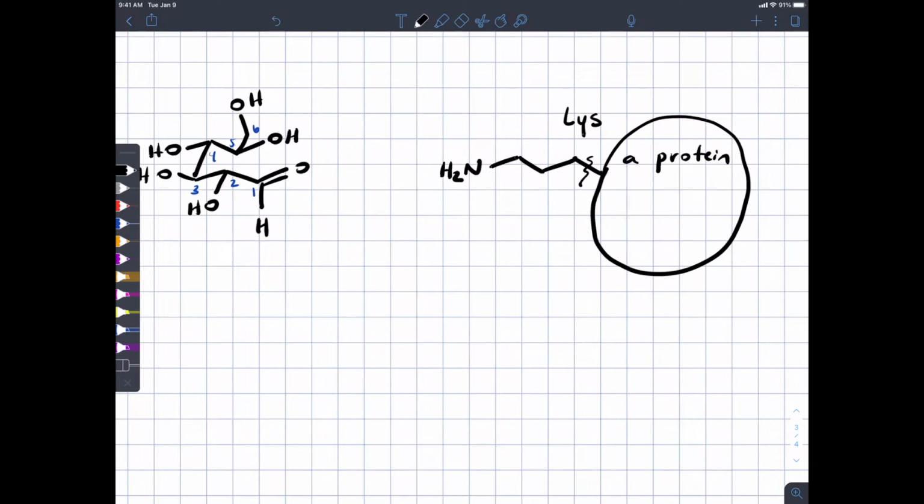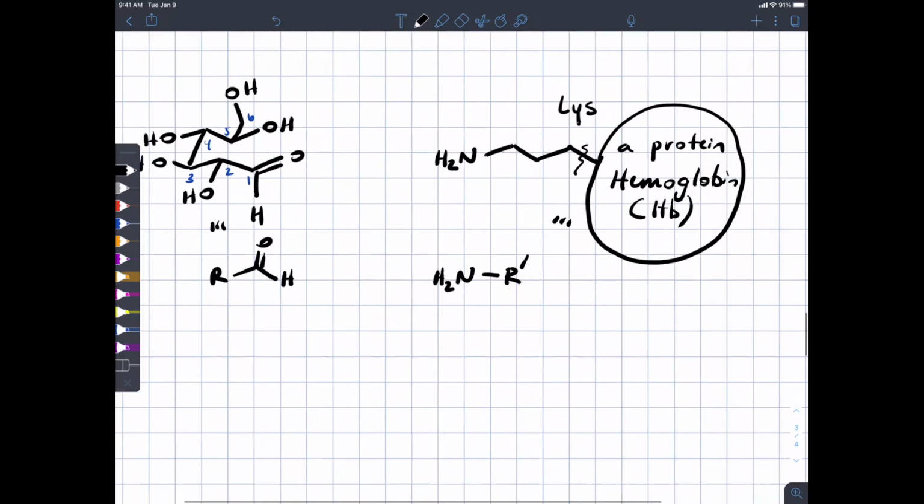Perhaps an enzyme, perhaps a structural protein. For our purposes, let's say it's hemoglobin, or HB. But we're going to abbreviate that whole amine as R. And thankfully, we're going to abbreviate glucose with another R.